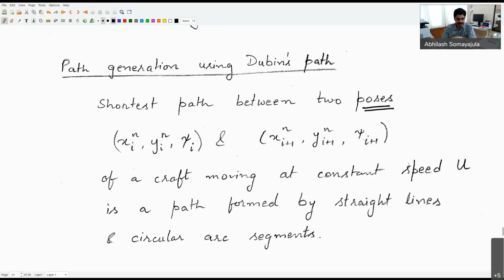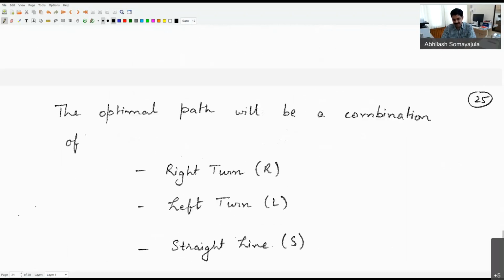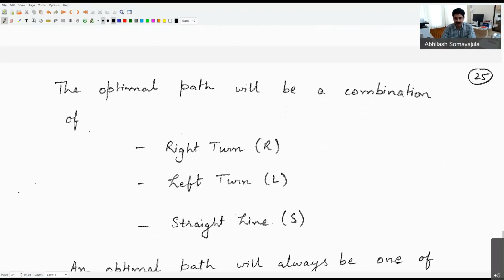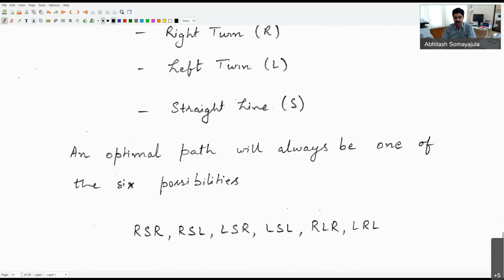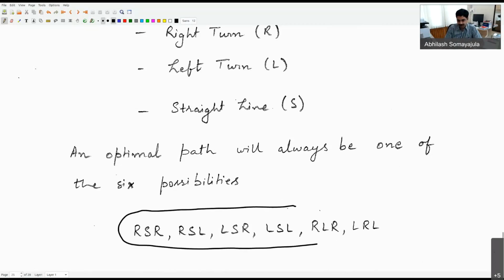But for our purposes, it suffices to know that a shortest path between two poses for a craft moving at a constant forward speed is a path formed by straight lines and circular arcs. Later on, even further simplifications were performed, and they said that the optimal path generally will be listed from these 6 possible optimal path configurations.